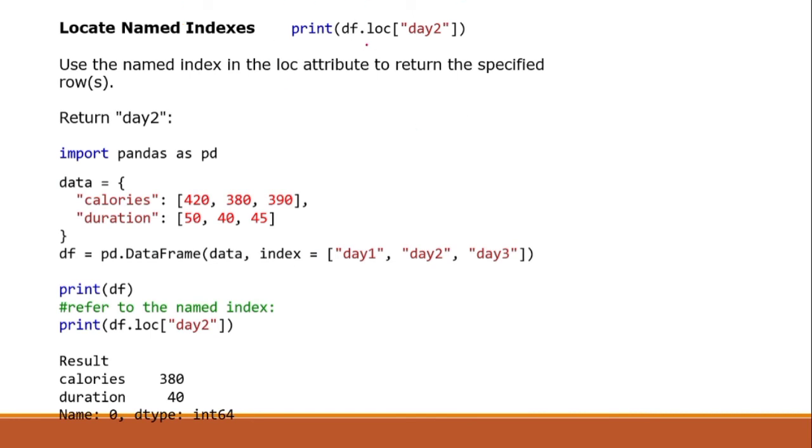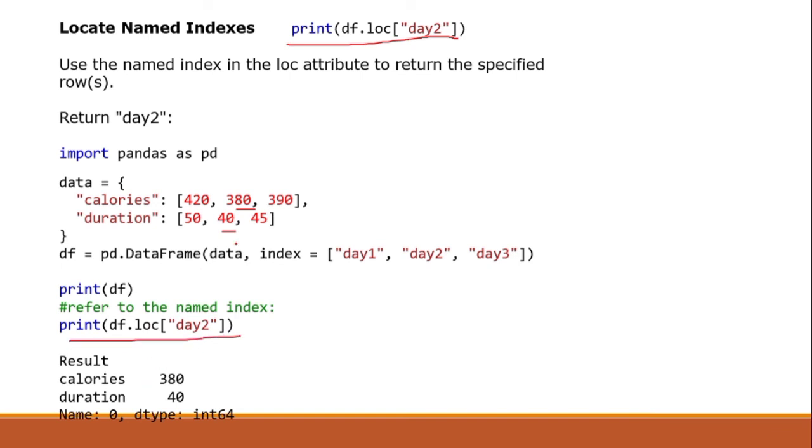In order to locate, you can say print df.loc["day 2"]. If you write day 2, it will give you the output of day 2. Calories will be 380 and duration will be 40. So I have written it again. This example is the same, and what output will come for the location of day 2?